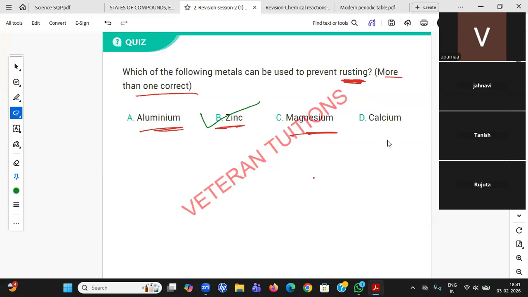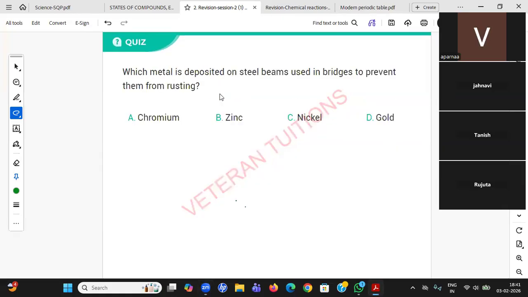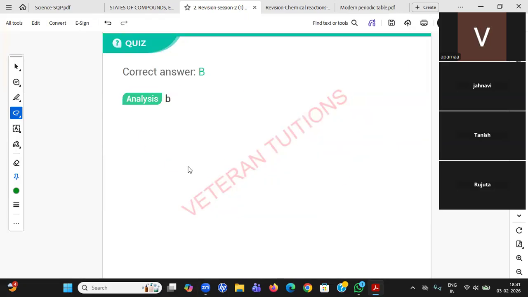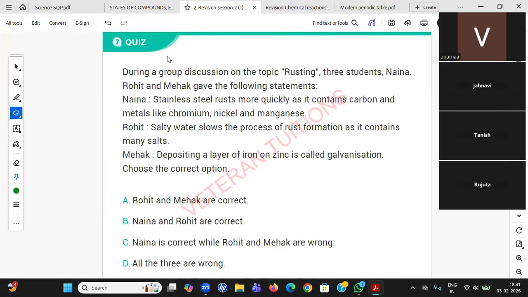Yes, Shayan, right answer. Narendran, right answer. You see, the answer which you know, still you're getting confused. That is because we should go for the technical words like deposited. What is the answer? Zinc is the answer, not chromium.